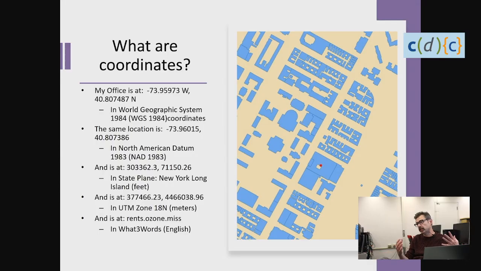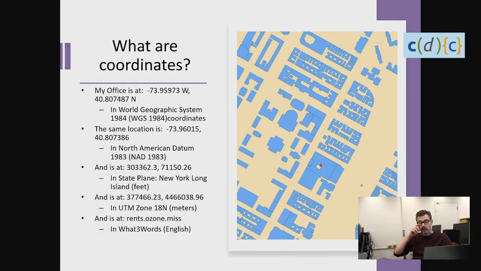That is one that is typically used from GPS units, your cell phone, and websites. Web mapping tends to use that. But that is far from the only one, right? So in a lot of North American specific systems, you might see something like NAD 1983, which will express that same location with very slightly different numbers.